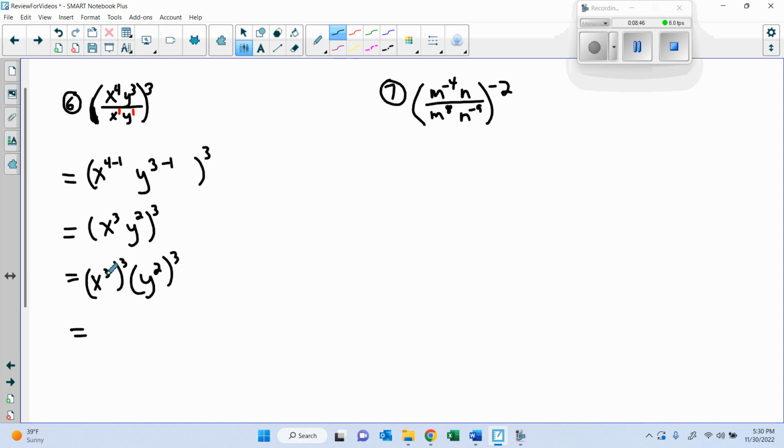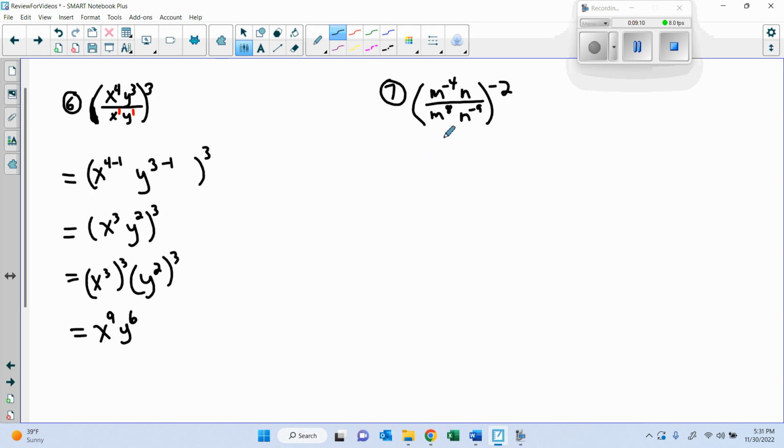And now you can see you're raising a power to a power. It looks like multiplication, right? Because you have parentheses there. That's exactly what you do to the exponents. So we would just get x to the 9th, y to the 6th. And that's what I would encourage you to do: always simplify inside first and then do that power on the outside.